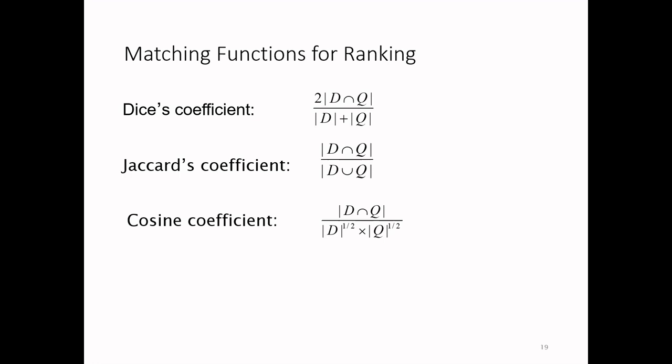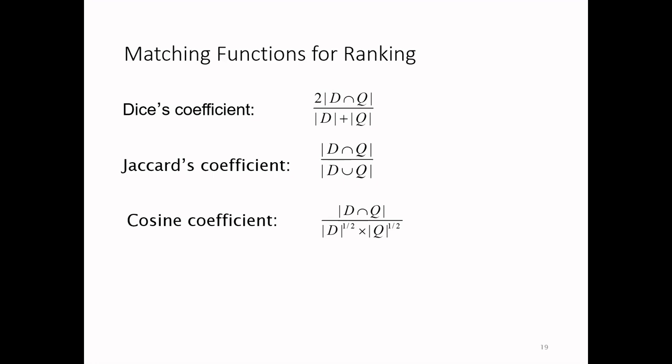I don't remember whether I mentioned dice coefficient or not, but we definitely talked about Jaccard coefficient. We definitely talked about the cosine measure of similarity. All right. So basically, one can make use of any of these matching functions to define how well a pair of documents matches with each other.